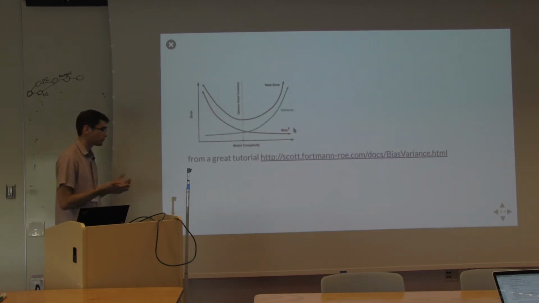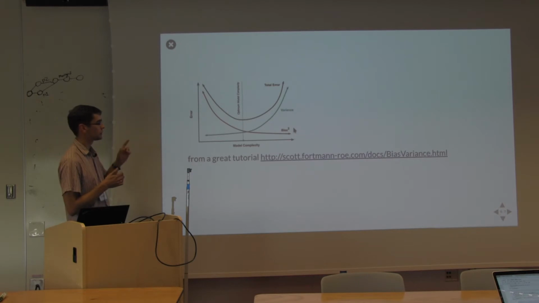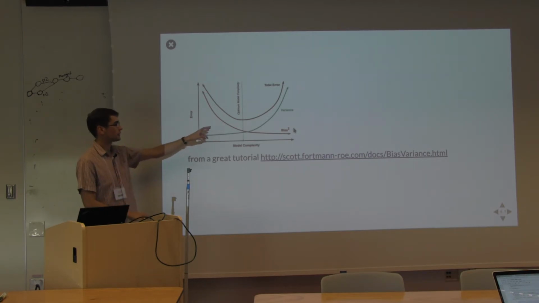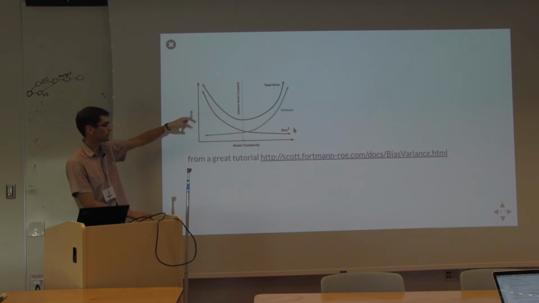So what about the parameter? It's a very famous concept, and it's a good introduction into this concept, that our error on the test set can be considered as the sum of two different parts. It's variance and squared bias.